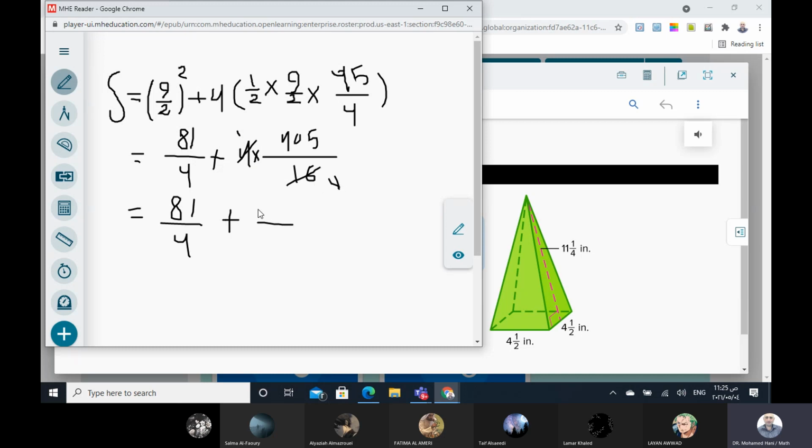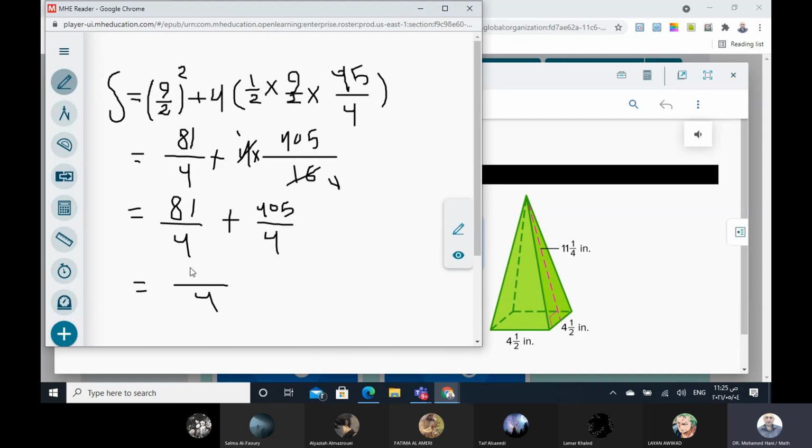So 405 remains up, and down 4. Now as you see, we have the same denominators, so we can add directly with the same denominator. Then add 81 plus 405.